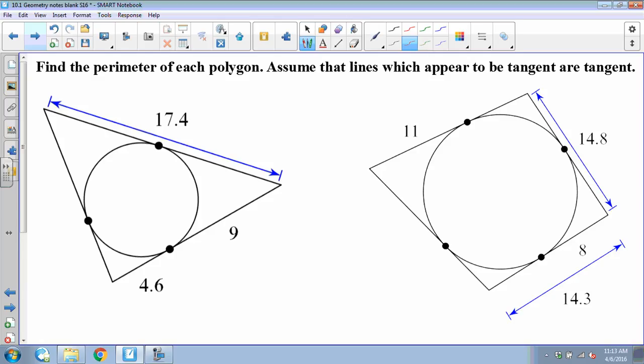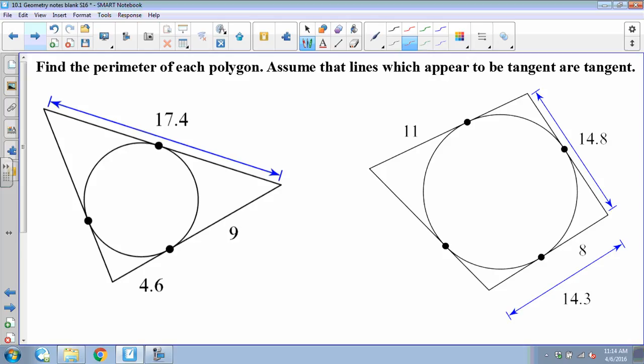You can't say half. There is no theorem that says the tangent line is a midpoint. The only thing you can cut in half is the diameter to get the radius.